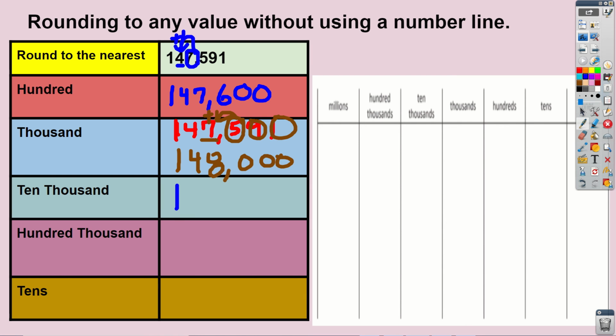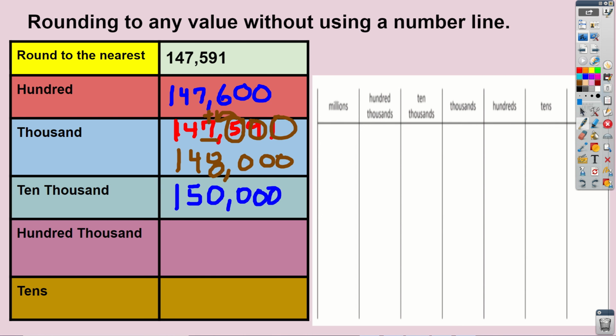So we'll rewrite this number with a 5 in the 10,000 spot, which is what we rounded, and the other numbers become 0. That means that 147,591 rounded to the nearest 10,000 is 150,000. That does make sense because 150,000 is closer to 147,000 rather than 140,000.